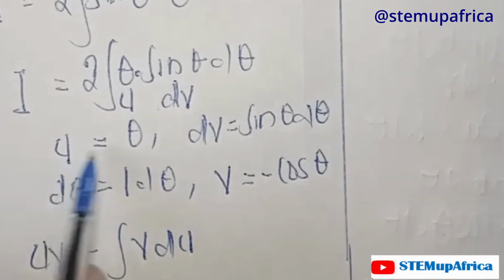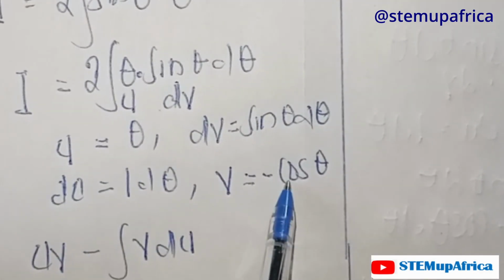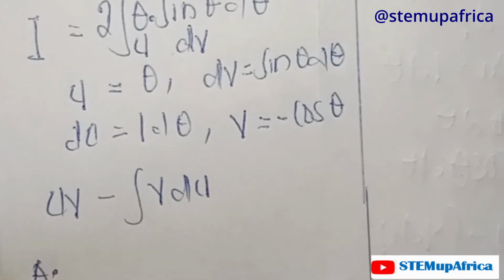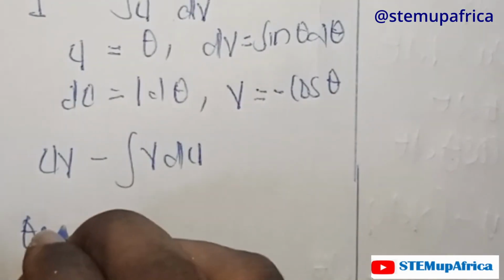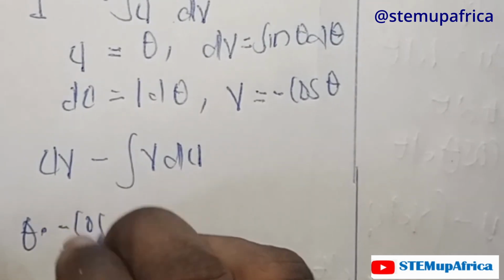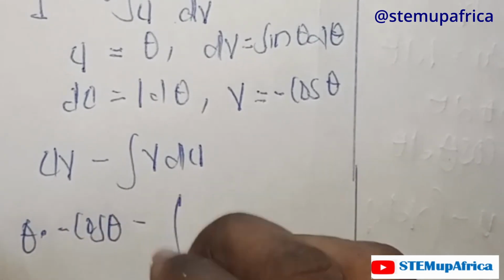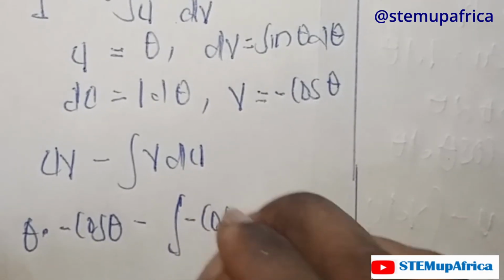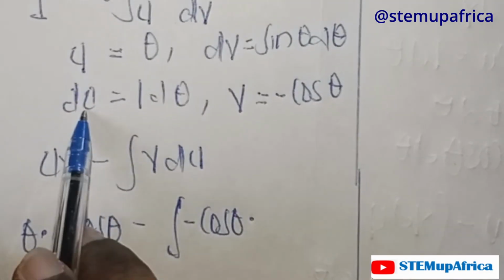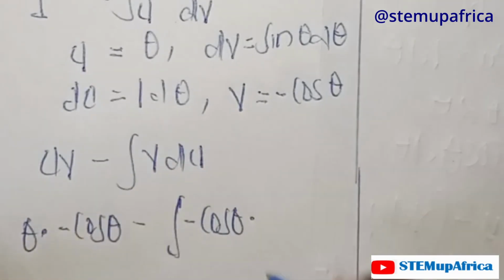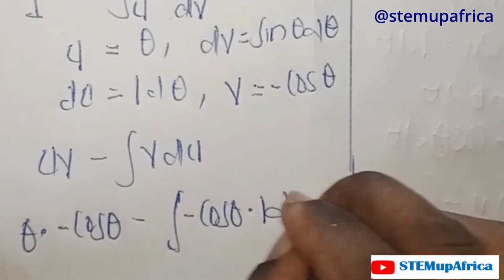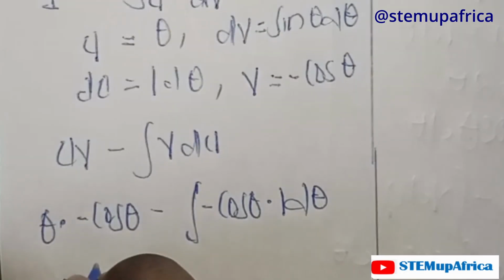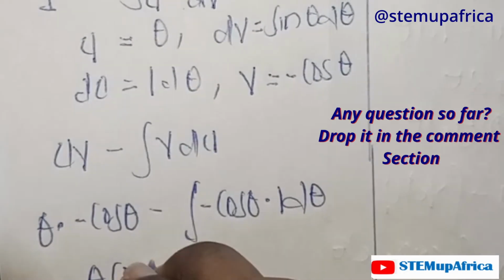So where is my u? My u is theta, my v is minus cos theta. So let's substitute it. I'm going to have theta times minus cos theta, minus the integral of my v, again minus cos theta, times my du, which is 1 d theta. If I multiply these two expressions, that will give me minus theta cos theta.